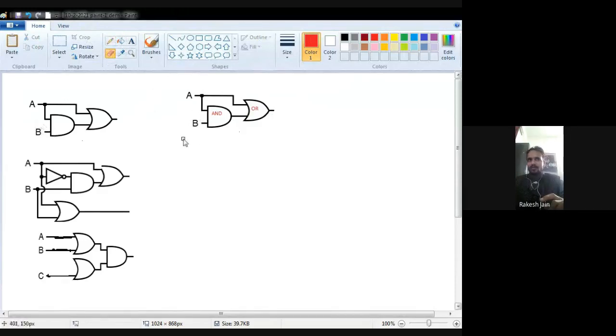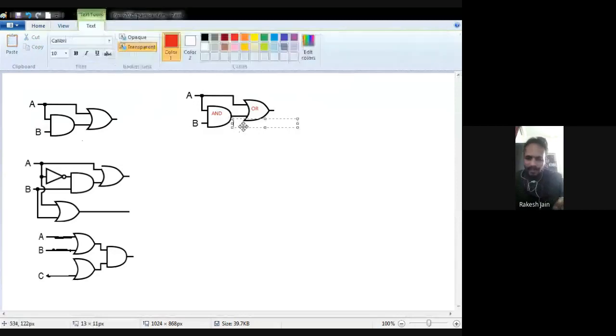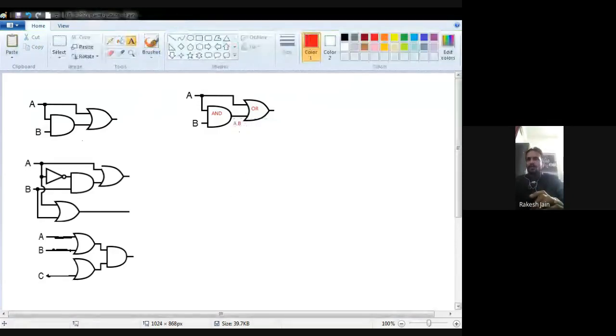There is no need to write it down once or twice. So one input is A and the second input is B. Definitely the output will be, because this is an AND gate, the dot product of both the inputs. So A dot B is the output of this AND gate.